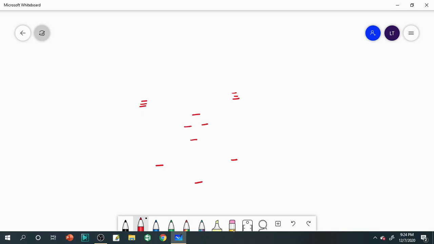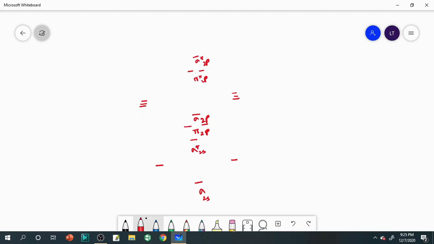So this is sigma 2s, this is sigma star 2s, and this is pi, now lower in energy than sigma, and this is sigma 2p, and this will remain the same as before. So this is pi star 2p, and this is sigma star 2p.